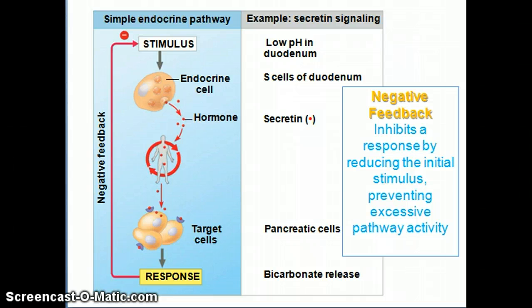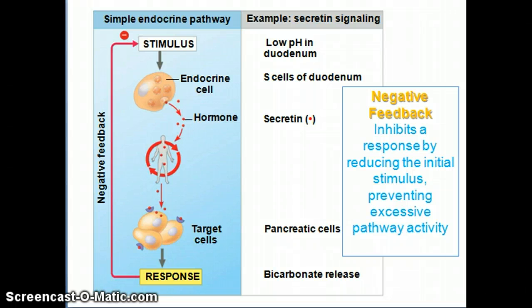So in this case, again, the definition of a negative feedback loop includes the fact that whatever response you're getting from the activity of the endocrine system is going to provide negative feedback back to the stimulus or the original endocrine gland that is starting this endocrine response pathway.